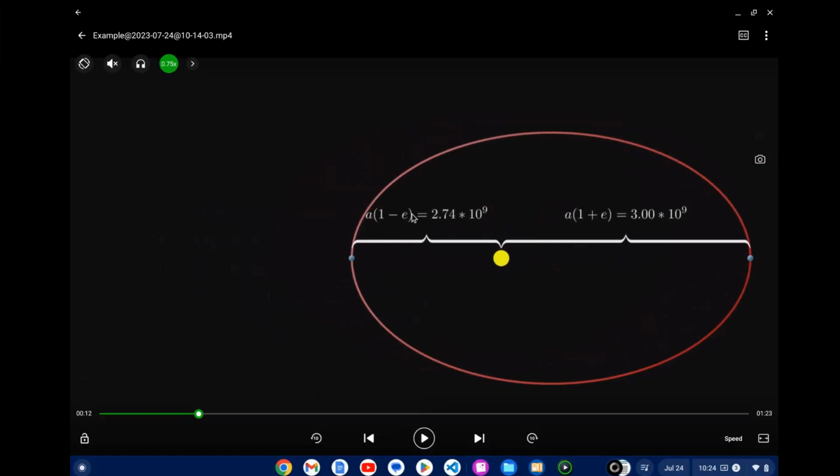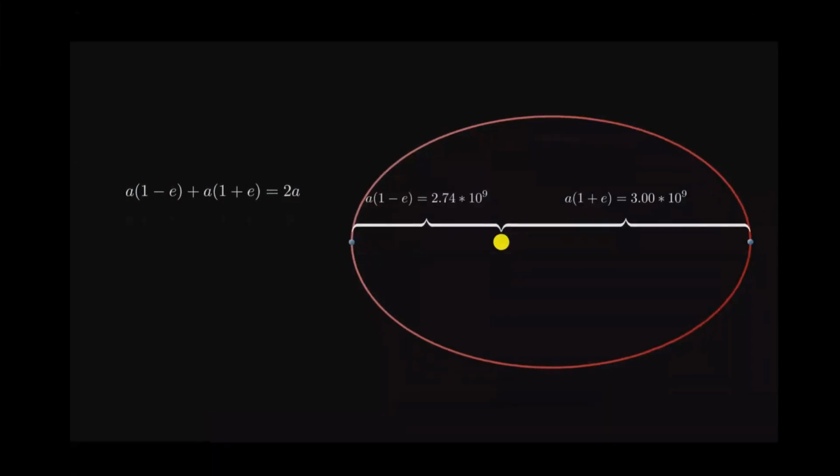And this is how you calculate it. This is the major axis here, and that is equal to 2 times A. When you add these two numbers together, you get 2A. Now all we need to do is solve this system of equations, basically.